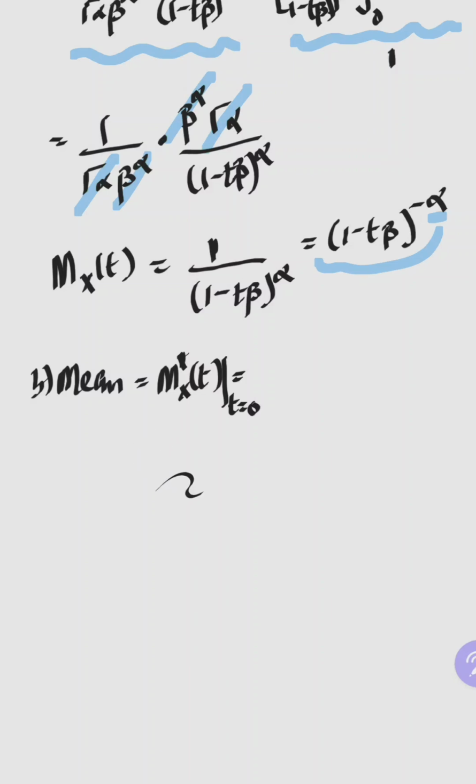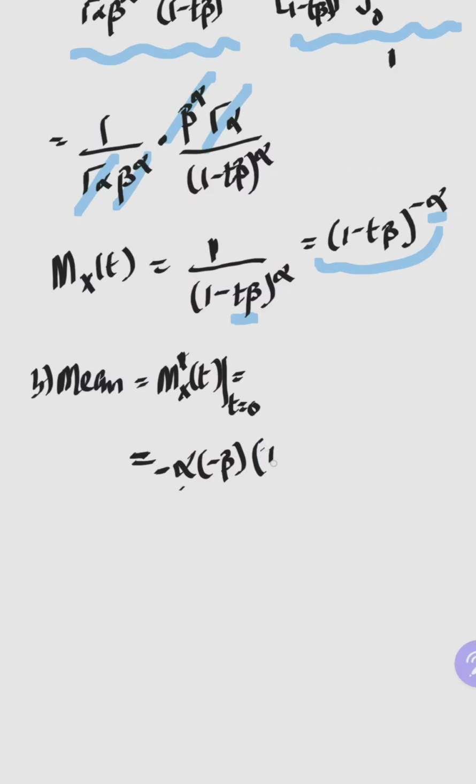So here, by differentiating, you differentiate what is inside the parentheses too. So here we have alpha, negative alpha, multiplying negative beta. Because if you differentiate t beta, you have beta with respect to t.